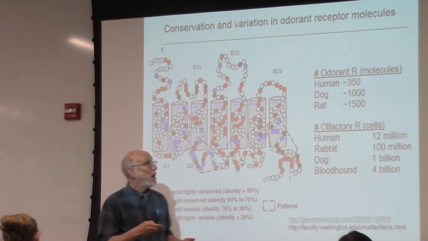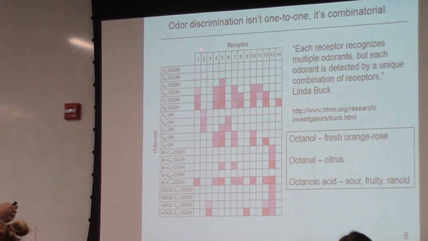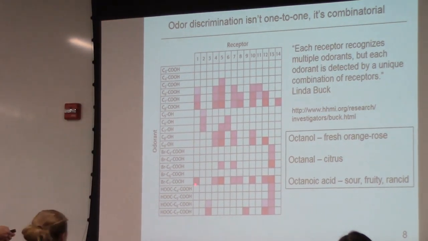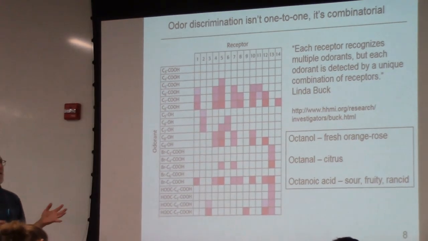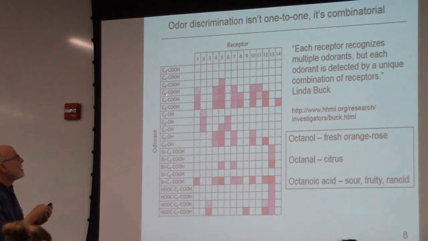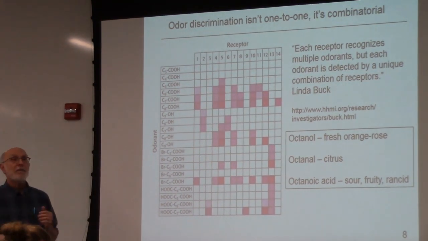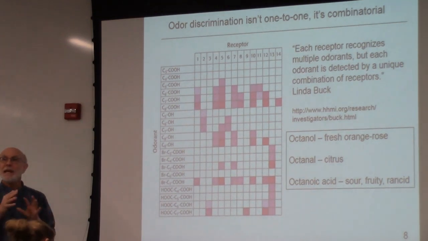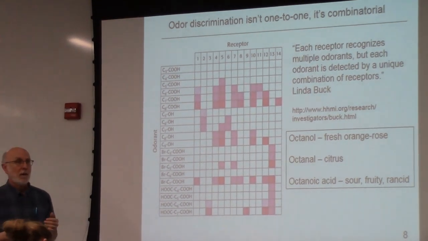And it's possible because each odorant receptor responds to a spectrum of odorants. And then each odorant triggers varying activity of a set of receptors. So this is a combinatorial function, right?